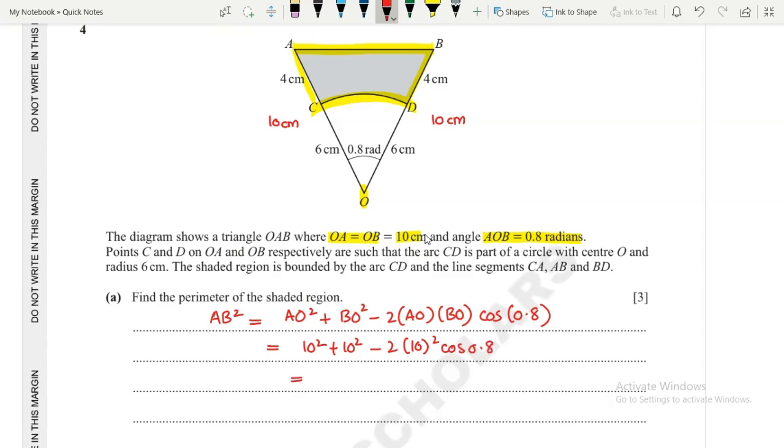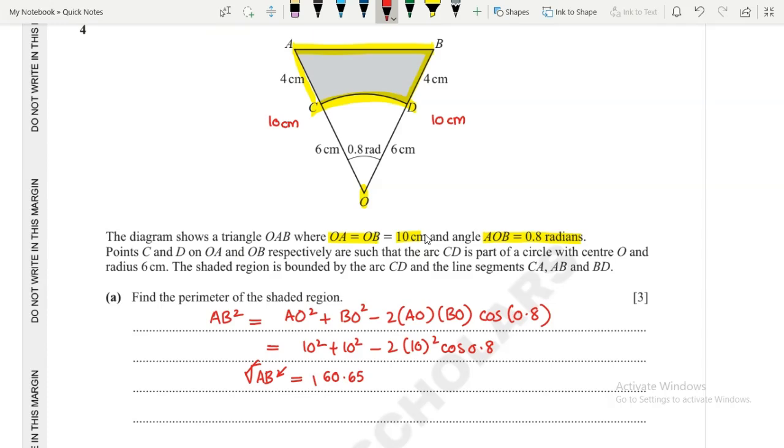Let's just work this out. So this will become 100 plus 100 minus 200 into cos of 0.8 radians. So the answer we will get is 60.65. Now don't forget that we have to square root it as well.